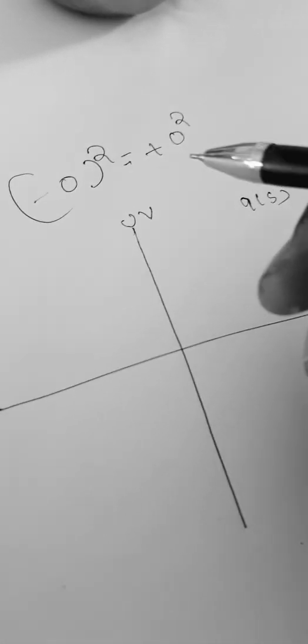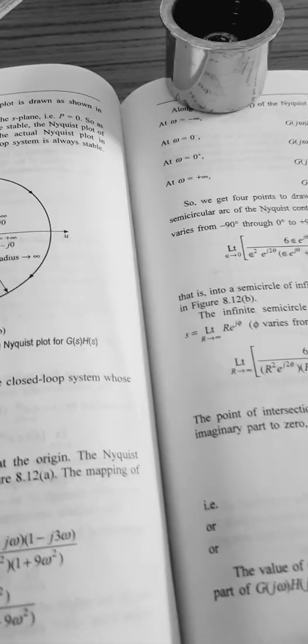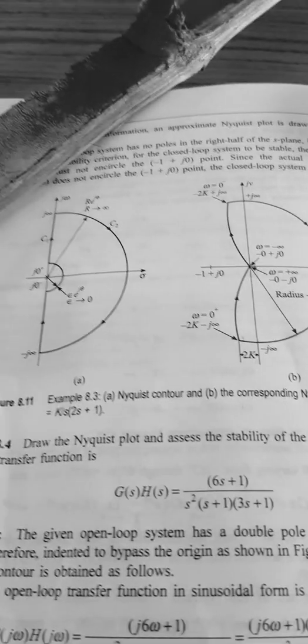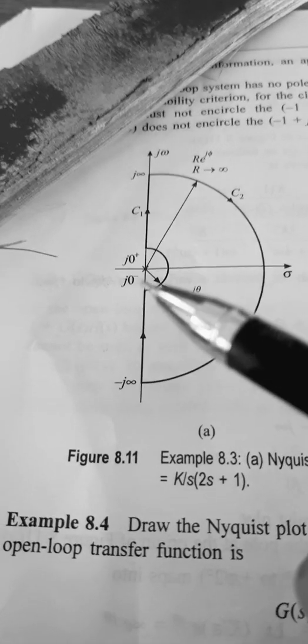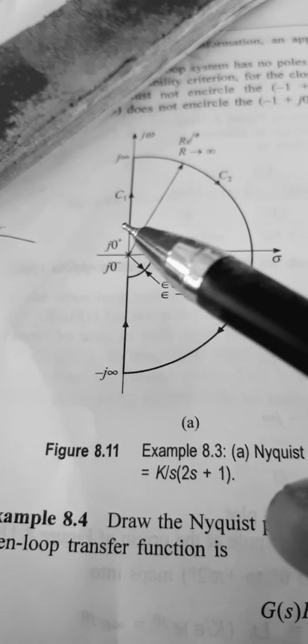As omega moves from minus infinity to minus 0, then plus 0, then plus, that order you have to take.